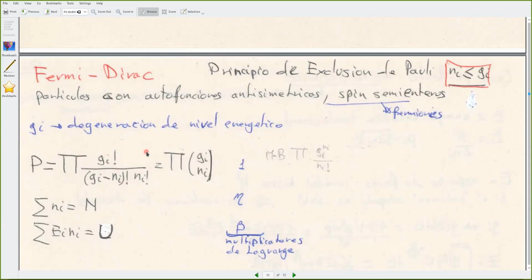In Maxwell-Boltzmann, g_i is just a probability weight for this state, connected with the energy of the state. In Fermi-Dirac there is definitely a limit. You cannot fill it more than this value, twice this value.